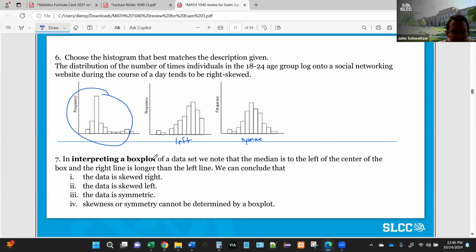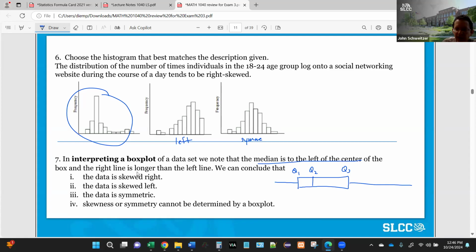Let's say we have a box plot and the median is to the left of the center of the box and the right whisker is longer than the left line. Let's draw that out. If the median is to the left of the center of the box, that means Q1, Q2, the median, and Q3 look like this. And the right line is longer than the left line.